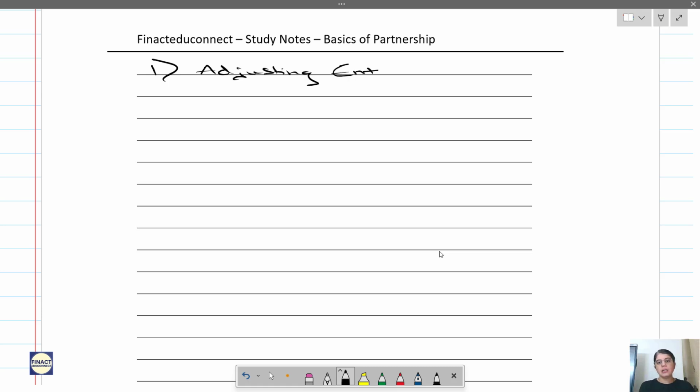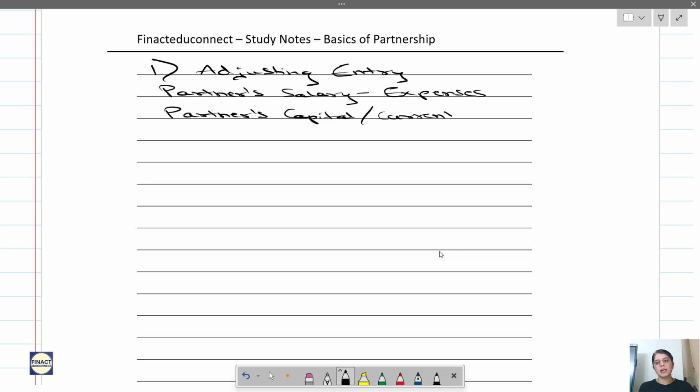One account is partner's salary, which is like an expense for the purpose of the debit credit rule. And the second account that will be affected, see, we are giving this salary to the partner, correct? So the second account affected is the partner's capital or current account.